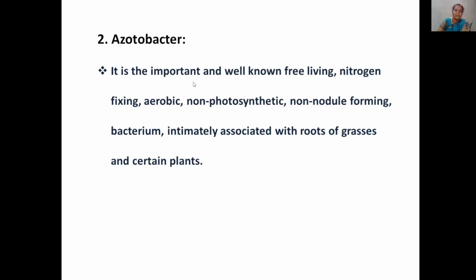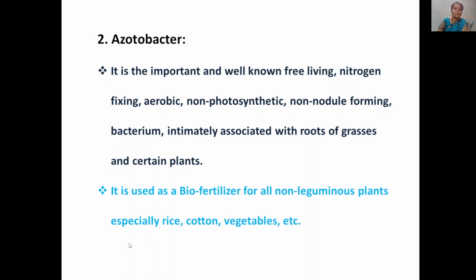Azotobacter. It is an important and well-known free-living nitrogen-fixing, aerobic, non-photosynthetic, non-nodule forming bacterium intimately associated with roots of grasses and certain plants.